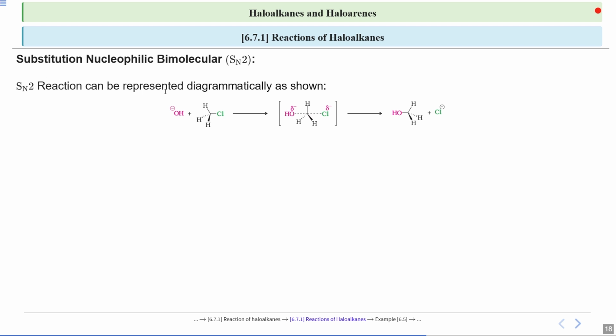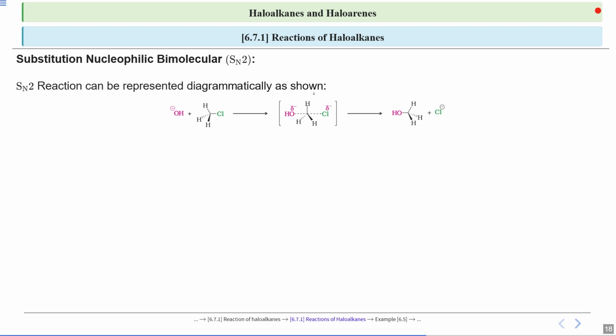Now, the SN2 reaction can be represented diagrammatically as shown. In the diagram, the first step is what we have seen: the hydroxyl ion, our nucleophile, attacks the carbon from the side opposite to the carbon-halogen bond.